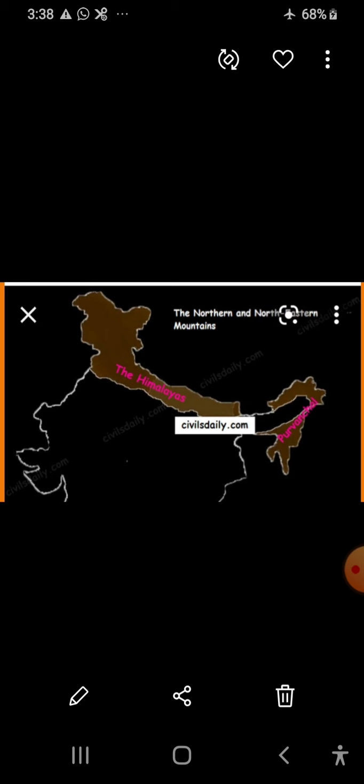Here, the brown portion in this map denotes the Himalayan mountains or northern mountains. These are the highest mountain range in the world. They form the northern border of the country and are the source of many rivers.